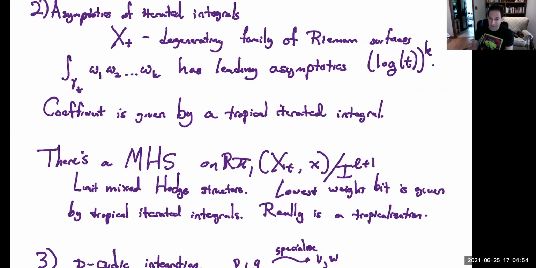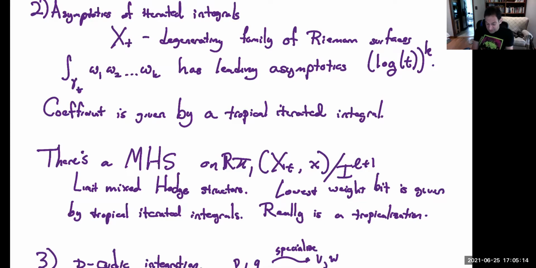So the worst bit of monodromy, or the worst bit of the asymptotics, is controlled by combinatorics.